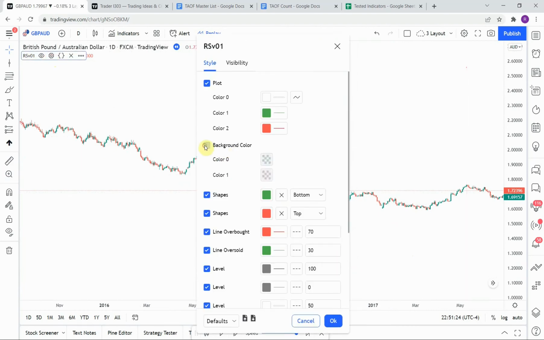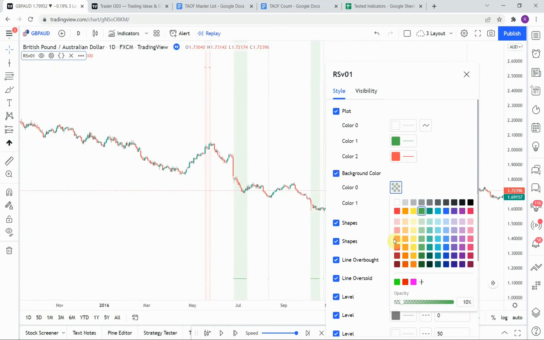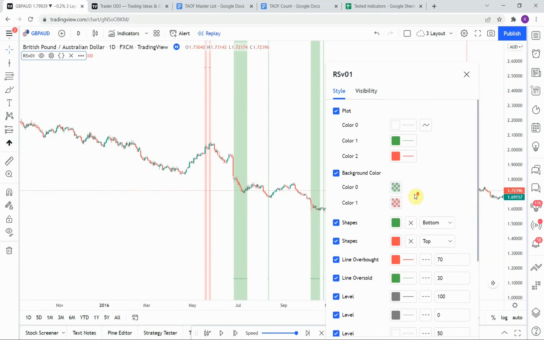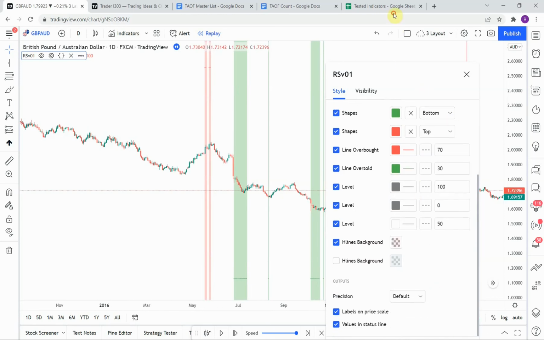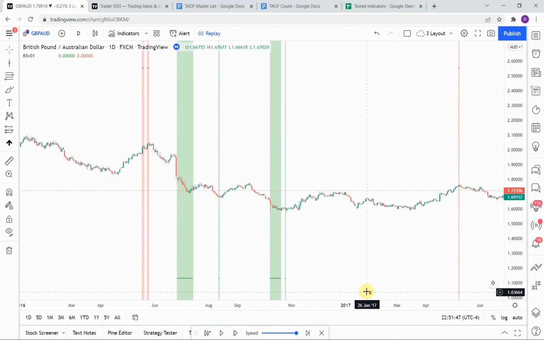I can go in and I believe it's these ones here. I can go in and I can turn up the opacity there to 30%. There we go. And that makes it just a tad bit easier to see those little areas that we're looking for.